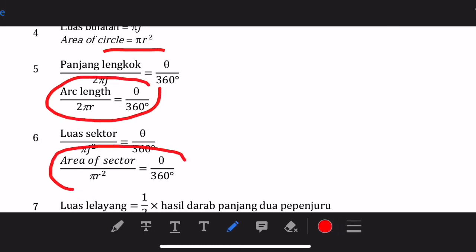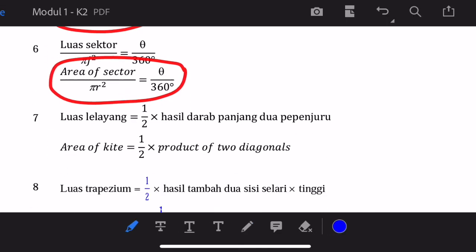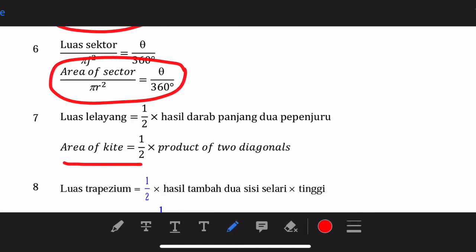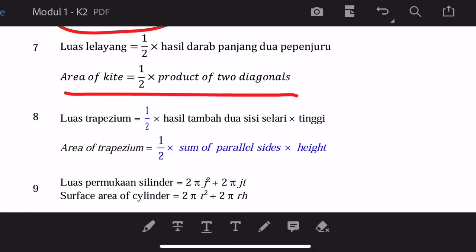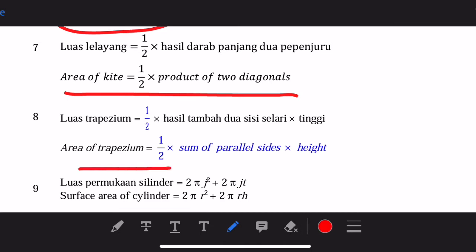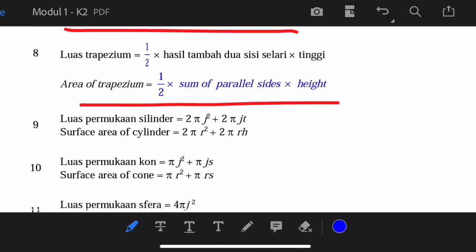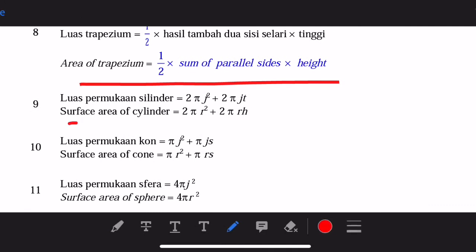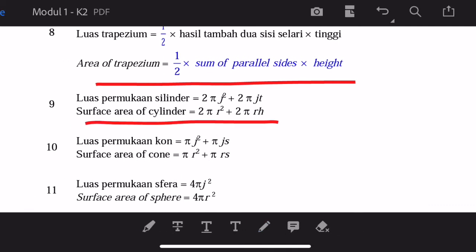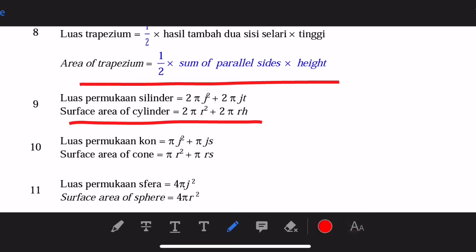Arc length and area of sector. And we have the area of a kite, 1/2 product of 2 diagonals. Okay, and the area of trapezium, 1/2 sum of parallel sides times the height. And don't forget surface area of cylinder, and then surface area of cone.